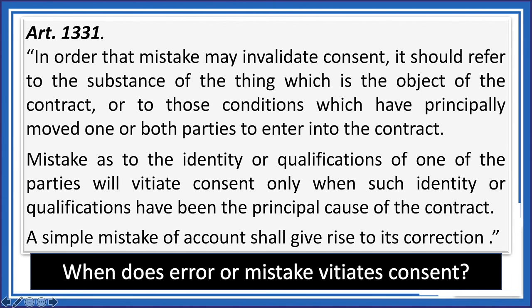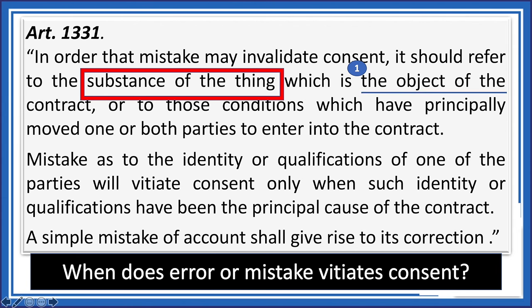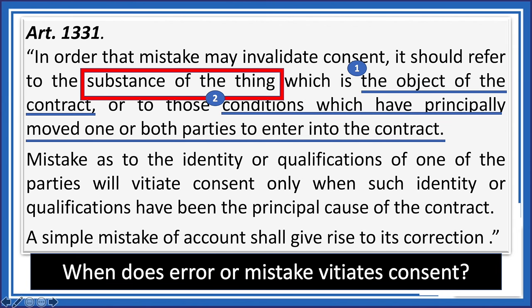First, the error or yung mistake mismo, it must be substantial, okay? Substantial regarding saan? First, object of the contract. Second, the conditions which principally moved or induced one of the parties. Diba? And third, identity or qualifications of one of the parties.